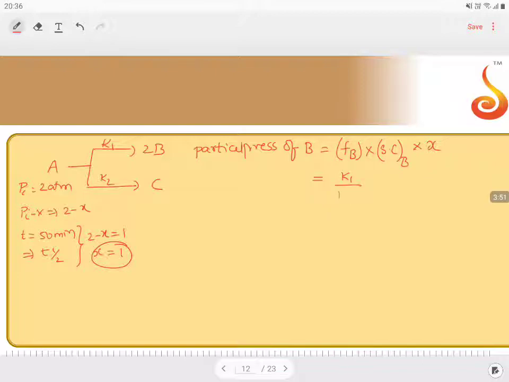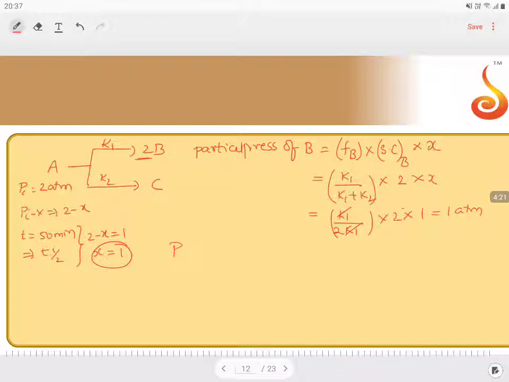It is K1 by K1 plus K2, into the stoichiometric coefficient of B, which is 2, into x, which is equal to K1 by K1 plus K2, becomes K1 by 2K1, into 2 into x value, which is 1. K1 gets cancelled. Since we know K1 and K2 are equal, K1 plus K2 can be written as 2K1. So 1 by 2, 2 and 2 get cancelled. So this becomes 1 atmosphere.